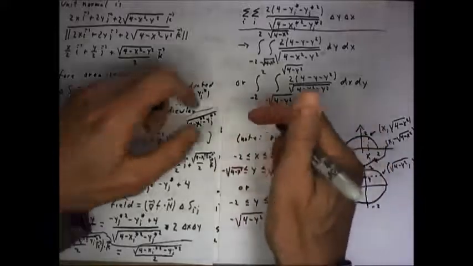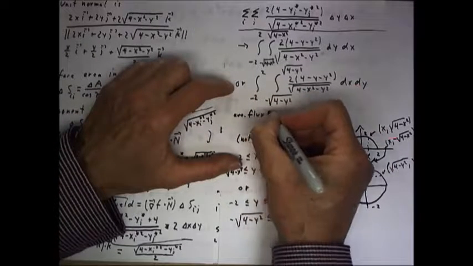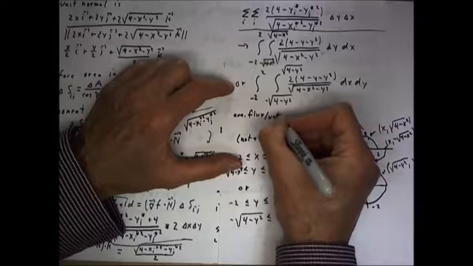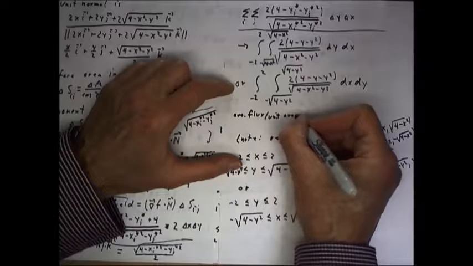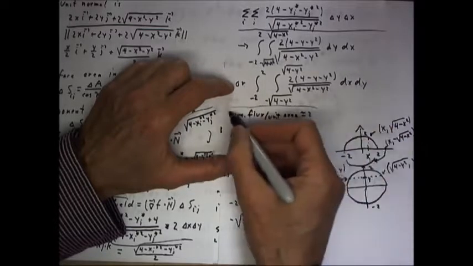So I'd make the following estimate. Average flux per unit area maybe something around 2.